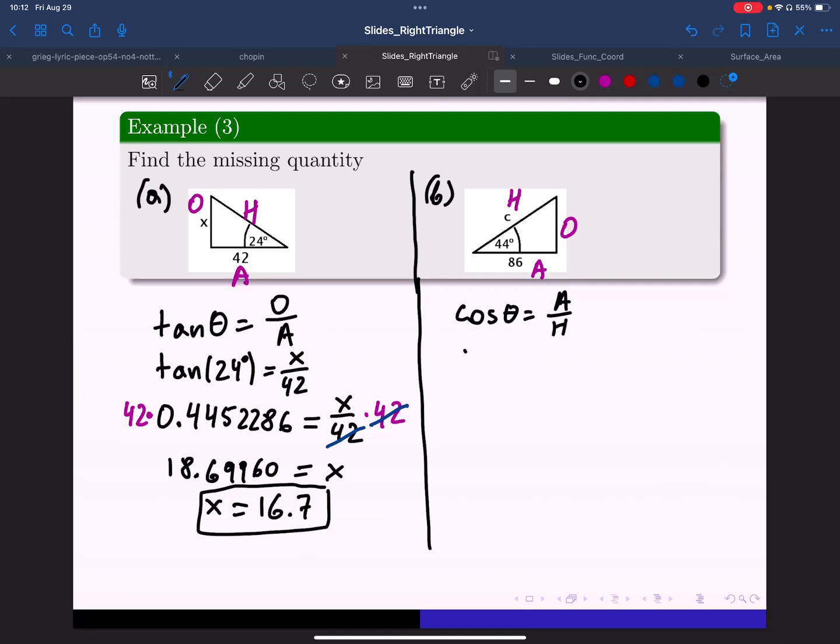So we substitute: cosine of my angle 44. The adjacent side is 86, so we have 86 divided by the side c, since the hypotenuse is c. Then we need to solve it. First we would multiply by c.